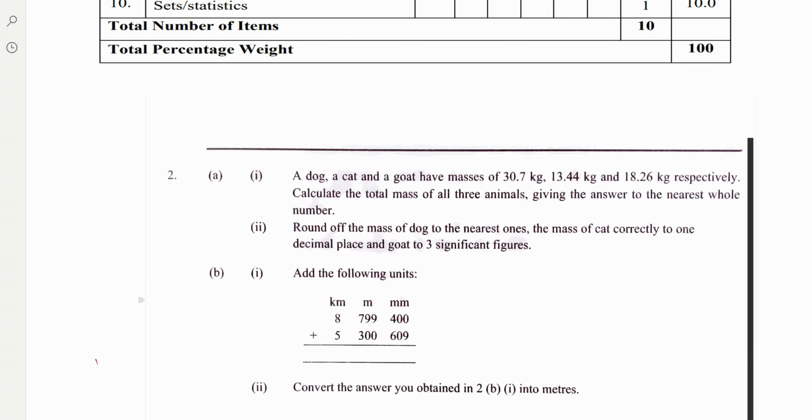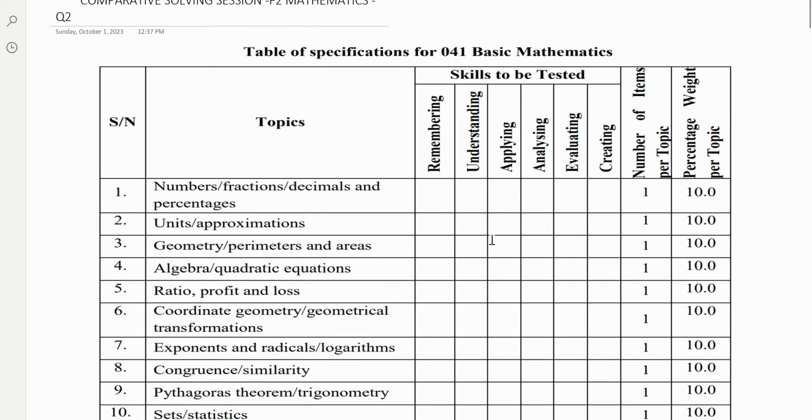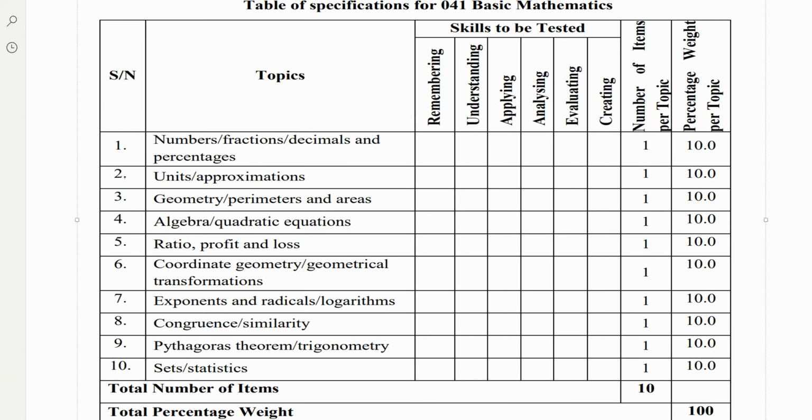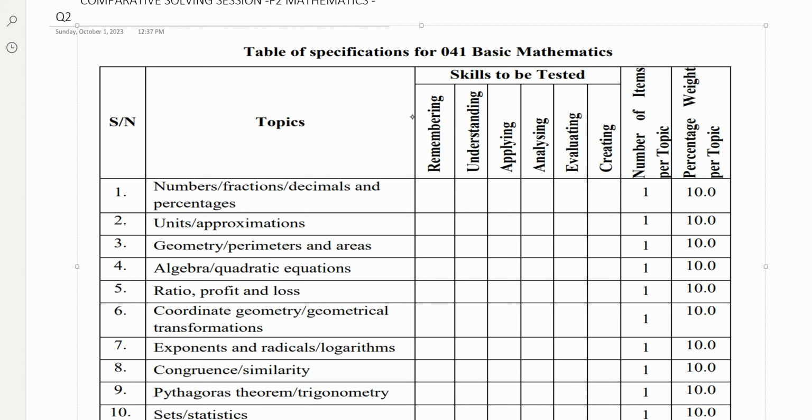So with question number 2, if you check the table of specifications as per the current format of Form 2 exams, you can see that question number 2 is going to be on units or approximations.